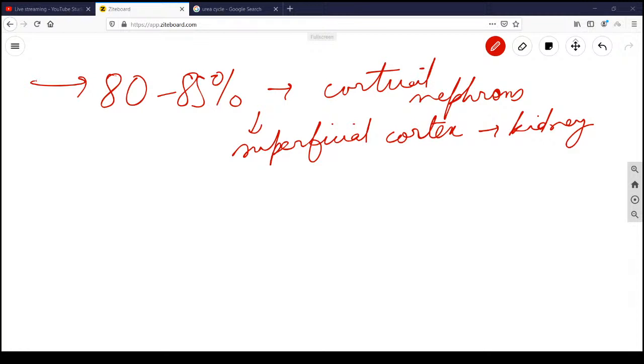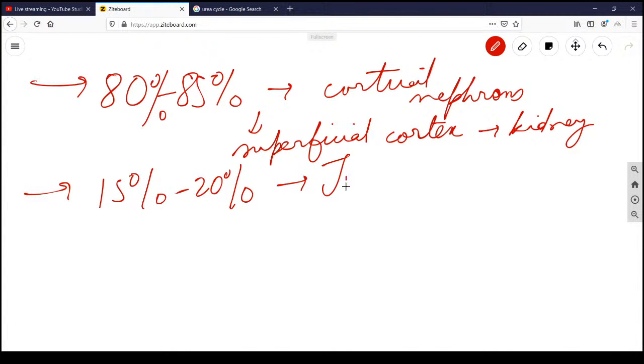Now the remaining 15 to 20% of the nephrons are known as juxtamedullary nephrons.